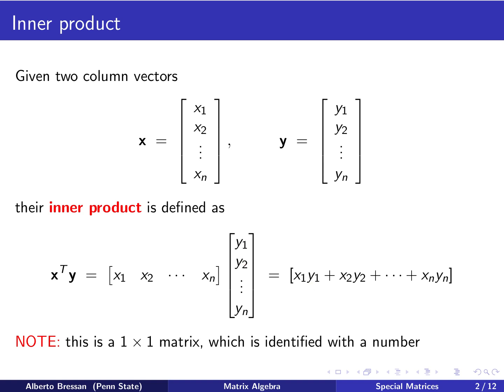So x1 with y1, x2 with y2, all the way to xn with yn multiplied, and then you add up all these products. Since this is just a 1 by 1 matrix, it is often identified as a number.